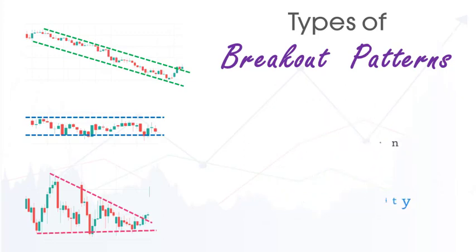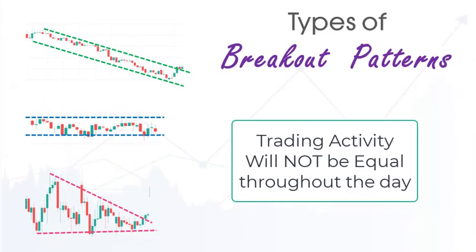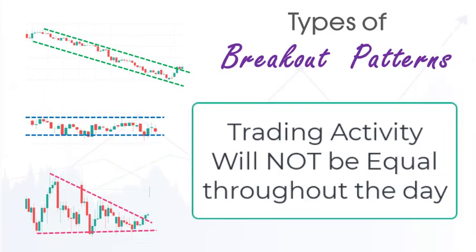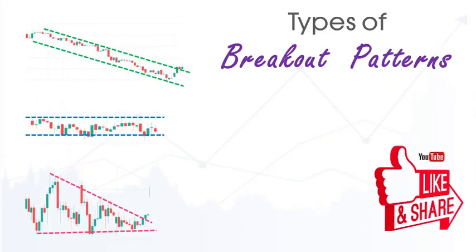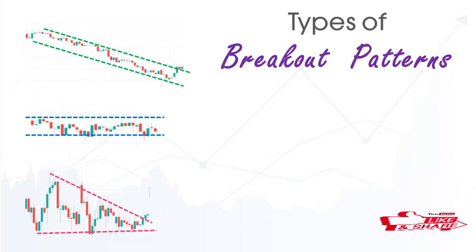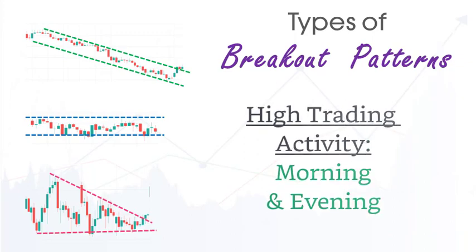If you think about it, trading activity in the market will not be equal throughout the day. Instead, there are times when the trading activity will be high, and there are times when the trading activity will be low as well. For instance, you will see a lot of trading activity during the morning, right after the market opens, and in the evening before the market closes.